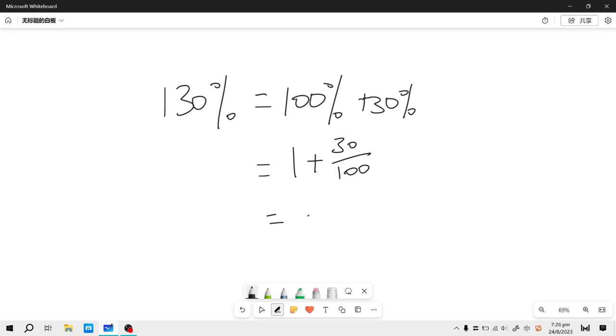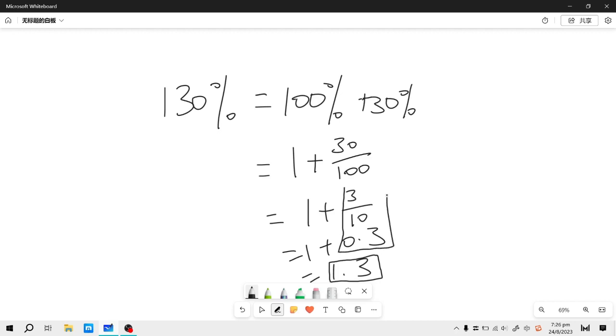So this is 1 plus 3 over 10, which is 1 plus 0.3 equals 1.3. So there you go. This is our answer. Alright, so fractions into decimals, you can check it out in my fractions or decimals videos.